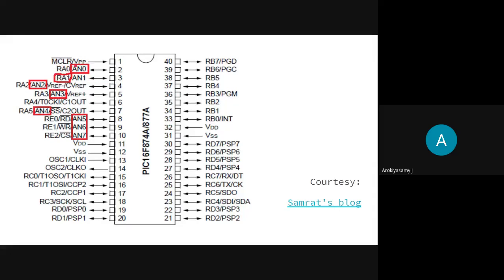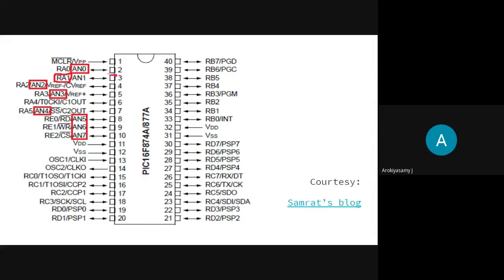This is called a master clear. MCLR bar is an active low pin. When you give a 0 signal, that means a low level signal, logic 0 here, master clear will be activated. When master clear is activated, the microcontroller becomes cleared.